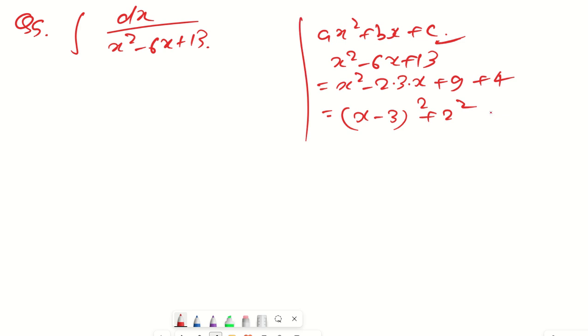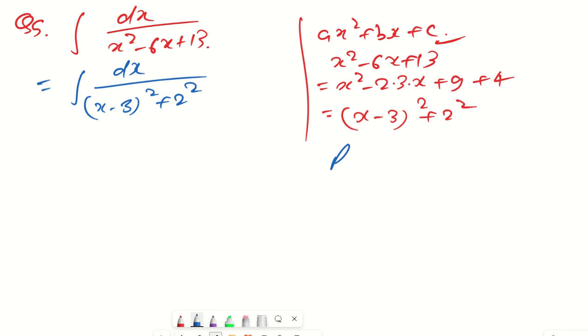So by putting this understanding, we can simplify our integration: dx by x square minus 6x plus 13 can be written as x minus 3 whole square plus 2 square. Now it looks like dx by some t square plus a square. So t can be put as x minus 3.